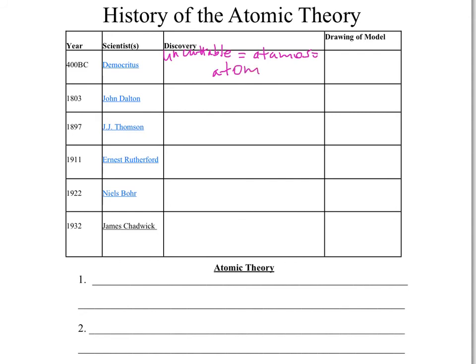So for a drawing of him, he just thinks you hit a point where there's something you can no longer divide. And that would be his idea of what an atom is.